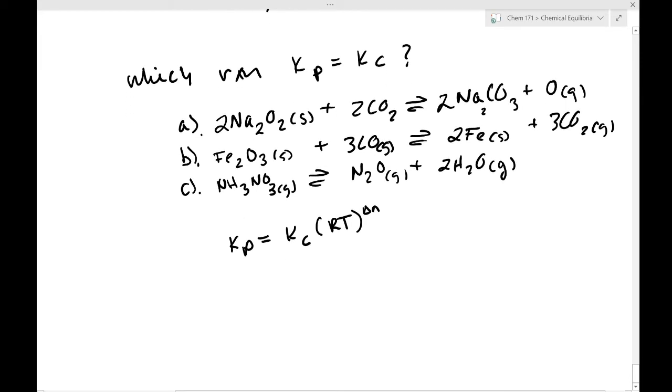So you need to ask yourself, or try to figure out for yourself, in which case will I have Kp equal to Kc? What is the necessary condition for Kp therefore to equal Kc, if this is the definition of their equality?